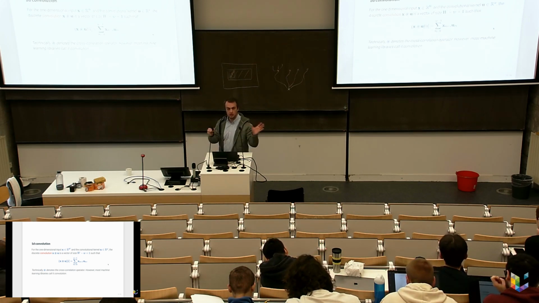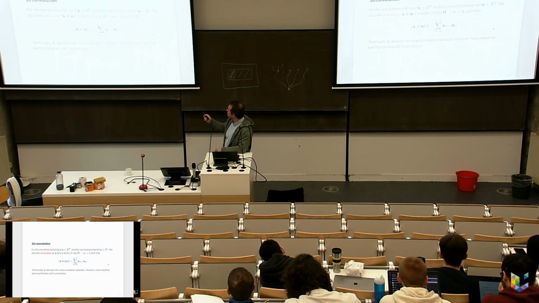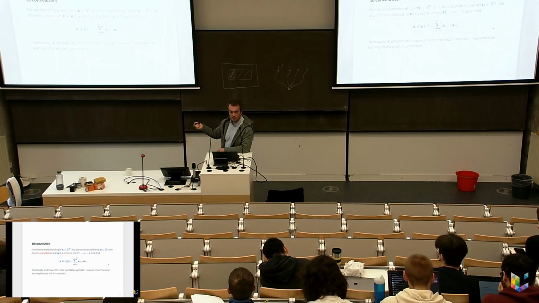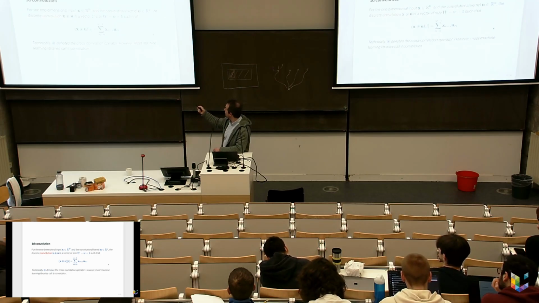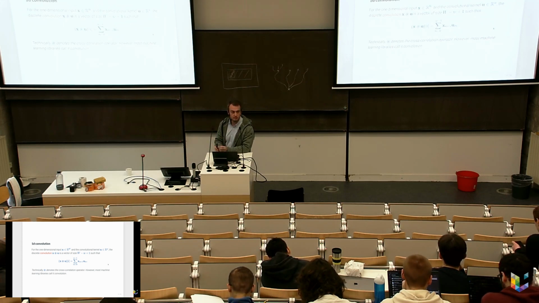Okay? So we have a big and a small vector. And then we say that the discrete convolution of the first with the second is a vector of size big W minus small w plus 1, such that each element i of this output vector is defined simply as the sum of the element-wise products of the subregion of the input vector and of the kernel elements. Okay?